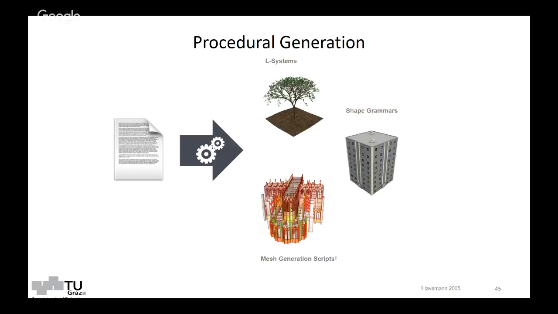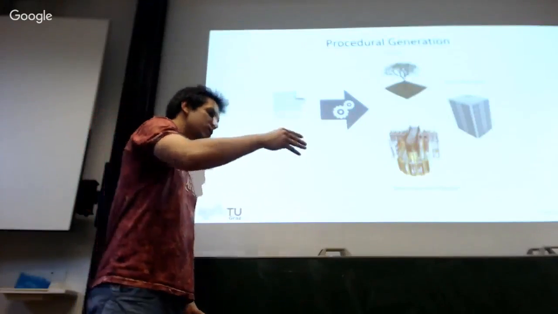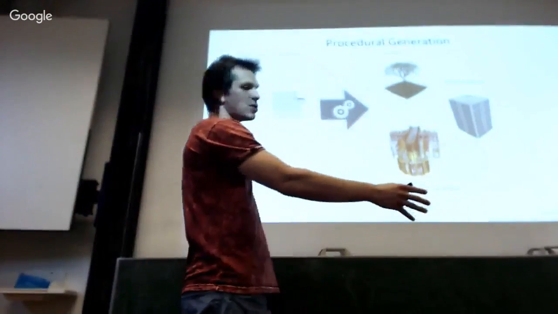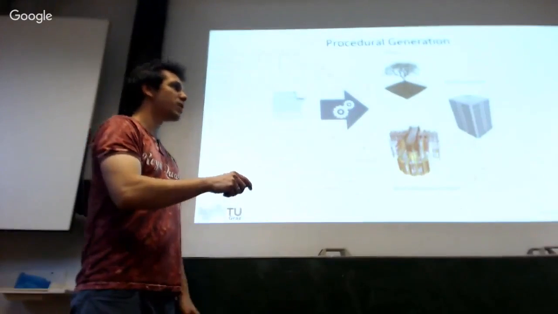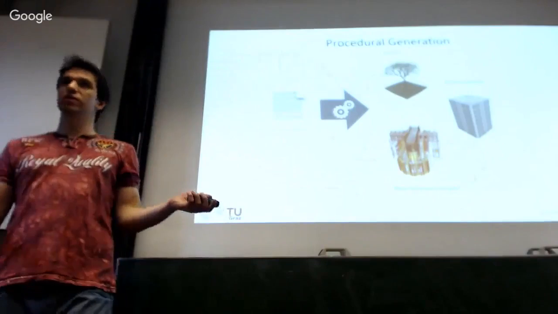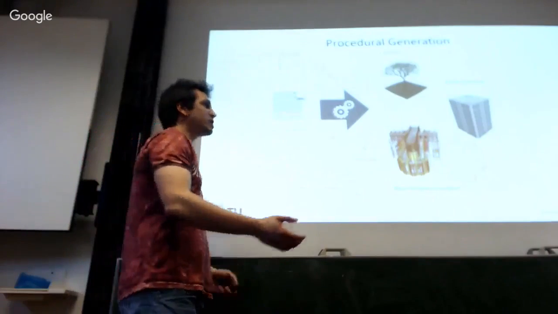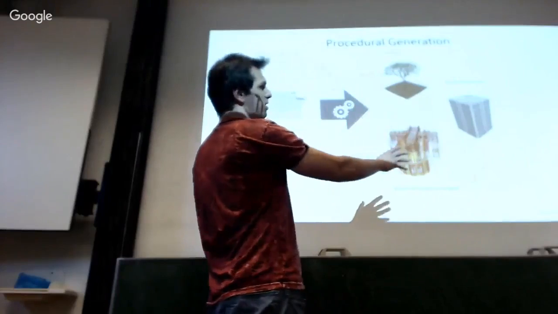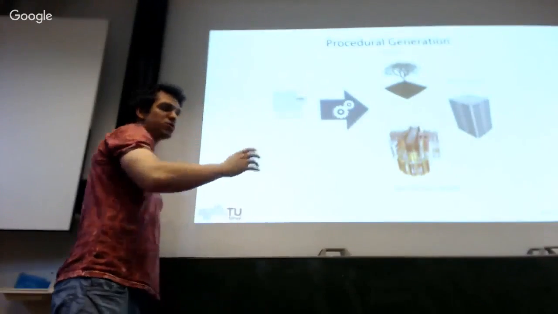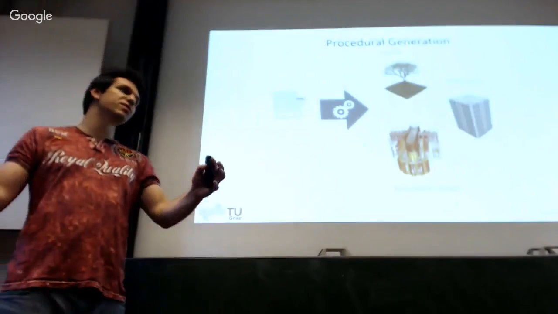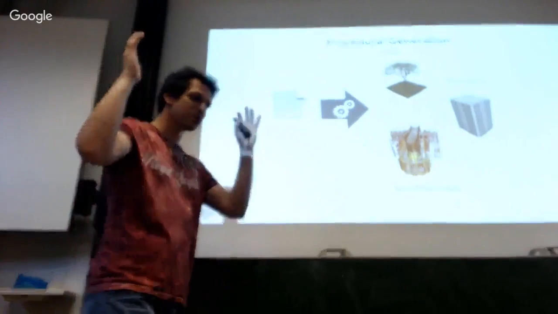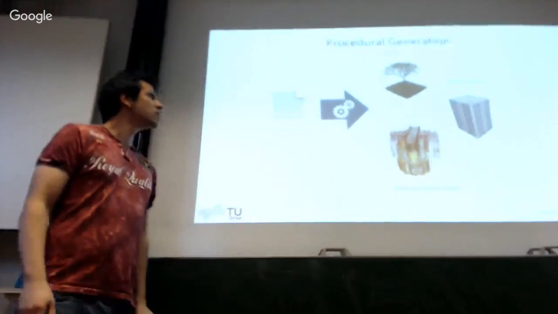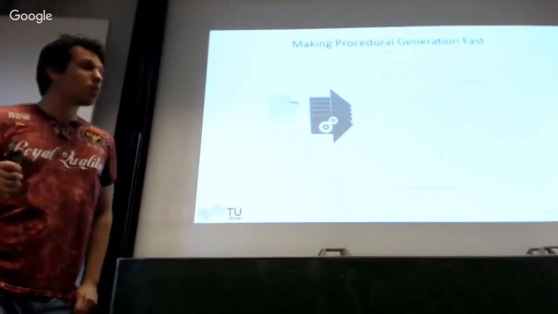So you start out with a simple geometry, a single seed, and then you say, okay, do this operation, followed by this operation, followed by this operation, and you will end up with some kind of complex geometry which you can then use. And you can introduce variations to that by altering the operations which are being performed. So this means you can generate entire forests, large cities, and so on and so forth. So that's the overall idea.